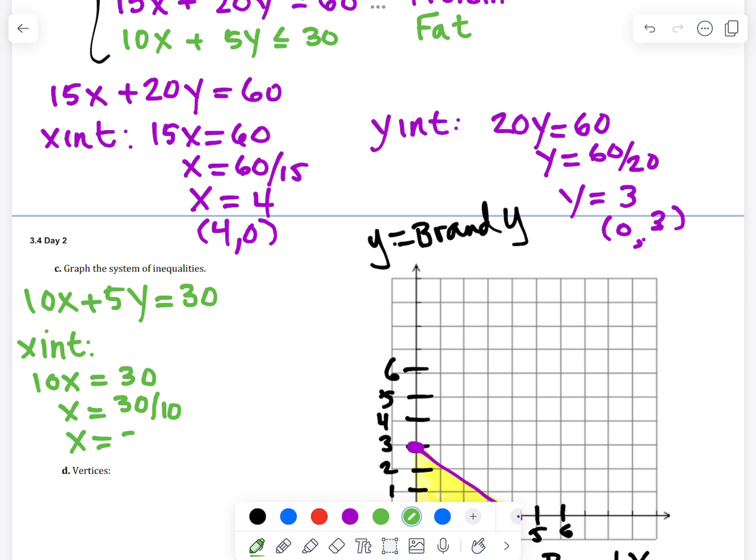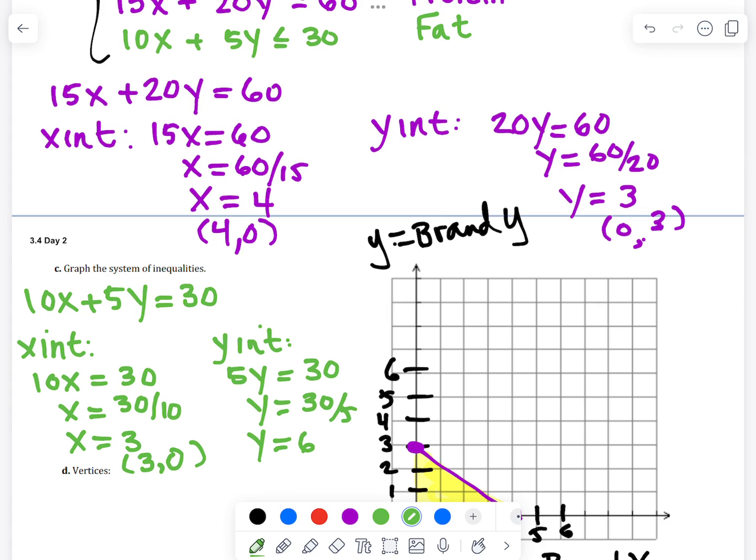So we get x equals 3. So that's your ordered pair 3, 0. Y-intercept, let x equal 0. Divide both sides by 5, and you get y to be 6. So that's 0, 6.